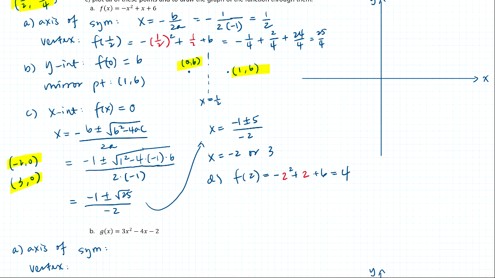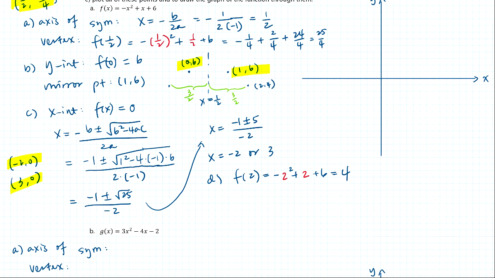And therefore, if we want to find its mirror point, we can think about it in a similar way. If, say, 2, 4 was over here, to go an equal distance on the other side, we have this distance being 1.5 or 3/2. And if I want to go to the left, I subtract 3/2 from the axis of symmetry.